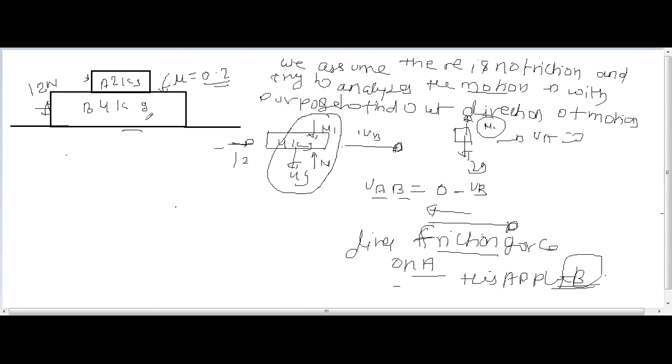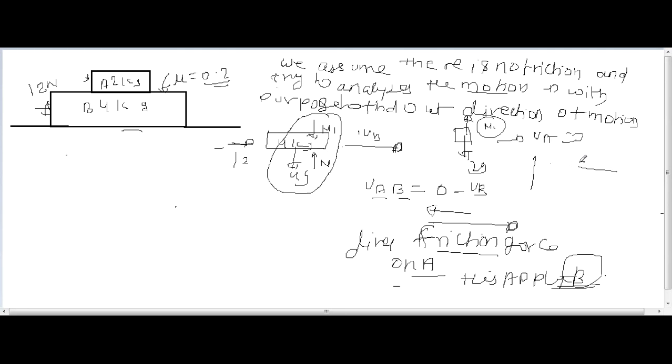By Newton's third law we can also find the direction of the friction force on B by A. This is the direction of the friction force on A by B, so the friction force on B by A is just opposite to it.